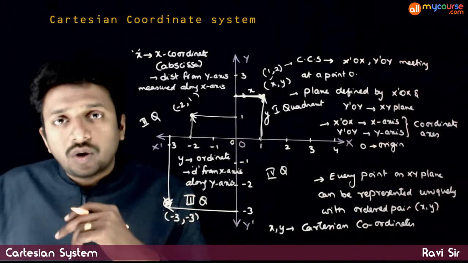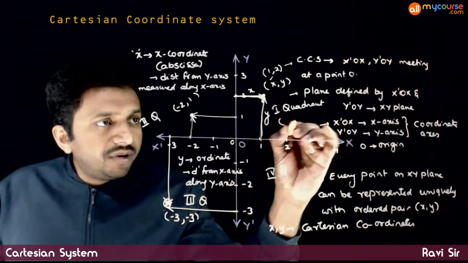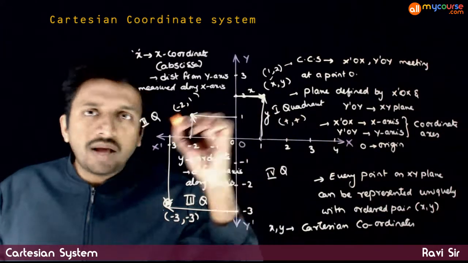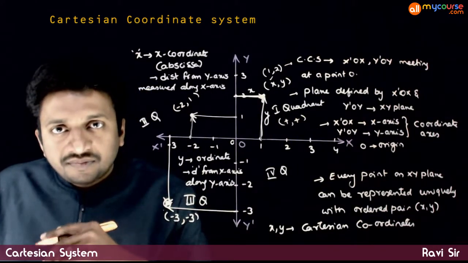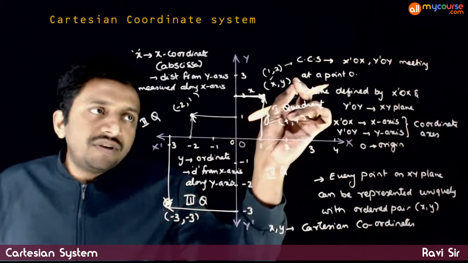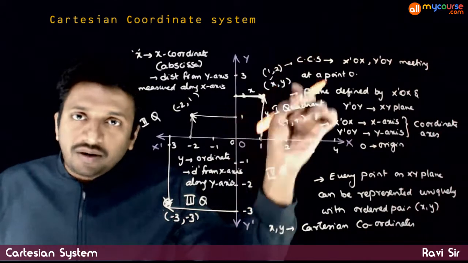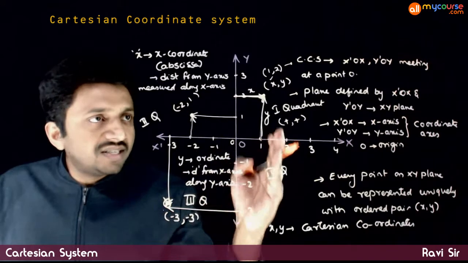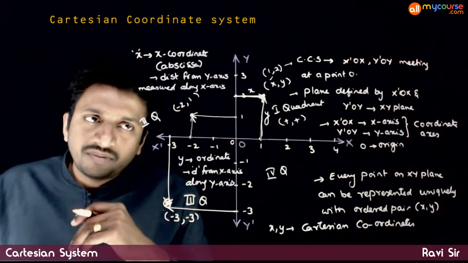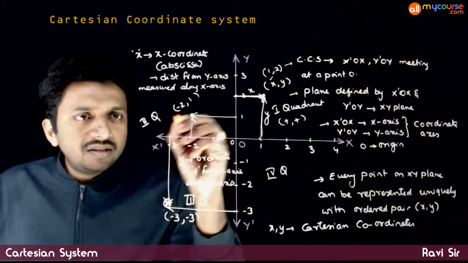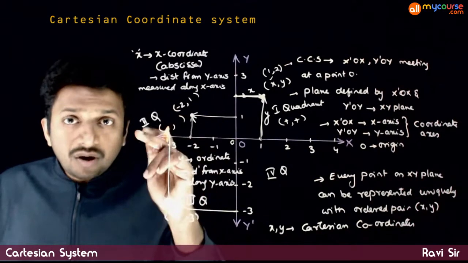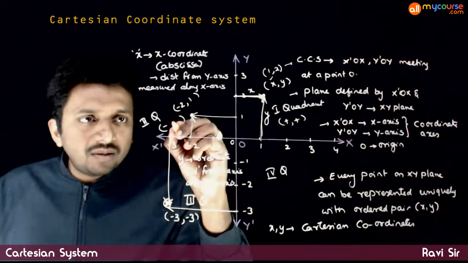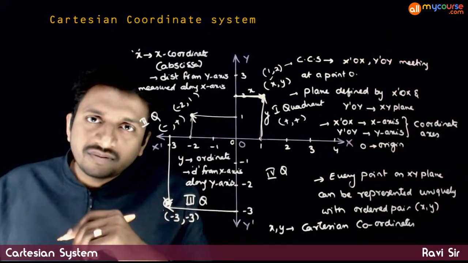In the first quadrant, if you take any point, both the x coordinate and y coordinate are positive numbers. You can see very clearly, because if you take any point in this quadrant, the distance along the x-axis is positive and the distance along the y-axis is also positive. In the second quadrant, the x coordinate of any point is negative and the y coordinate is positive.